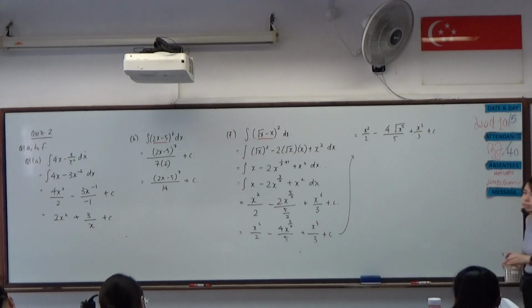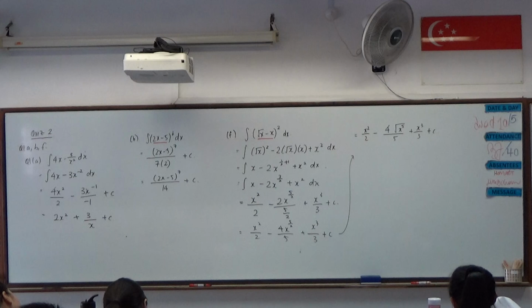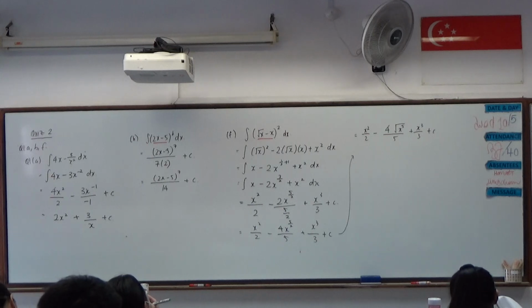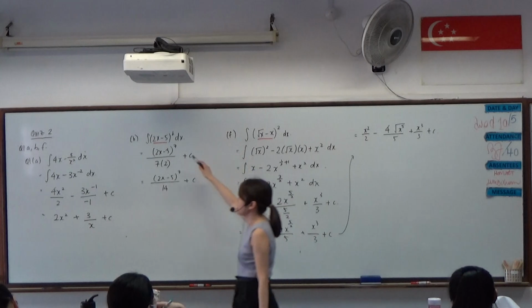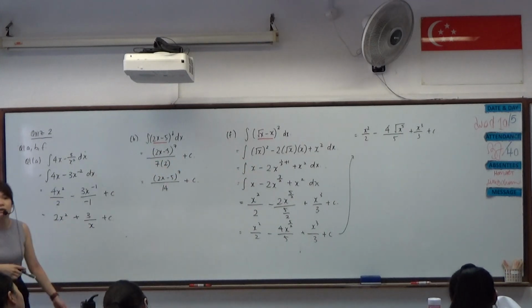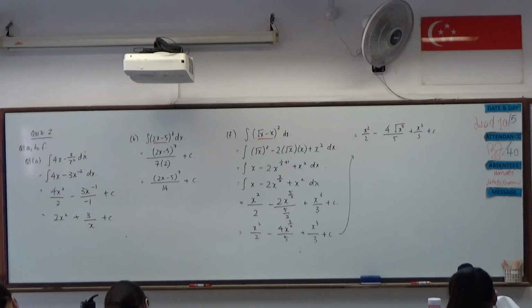So that will be the answer. To check our answers for integration, you can actually differentiate your answer. If you differentiate all this, it should get back to the original question itself. So that's why we need to really sort out our differentiation first before we do our integration.